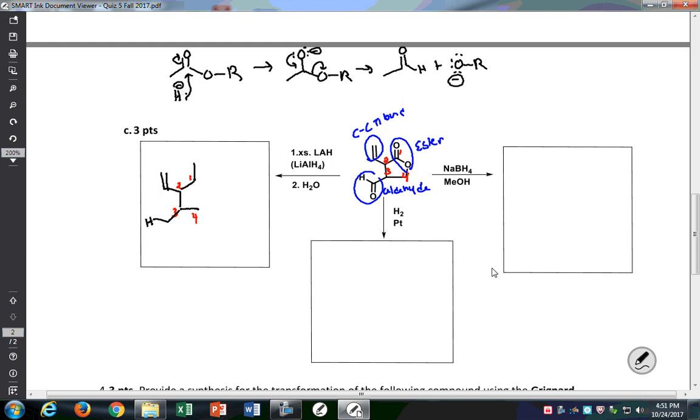But what's the difference? Our R groups are stuck together. So they're still going to be stuck together. And then, of course, we get that second addition of hydride. Just like in the example that we did for that mechanism.